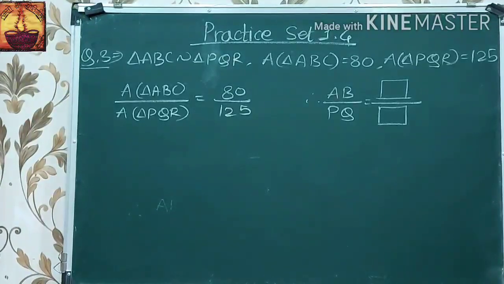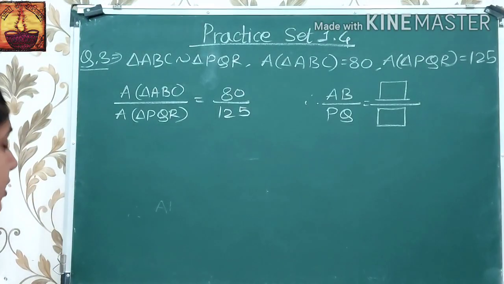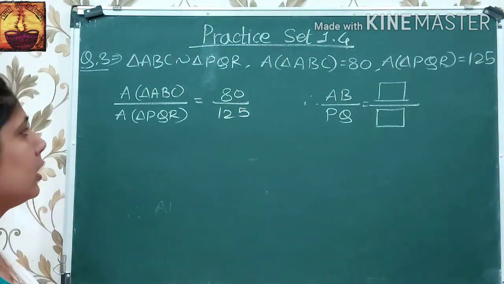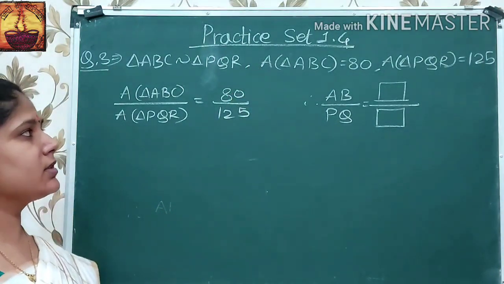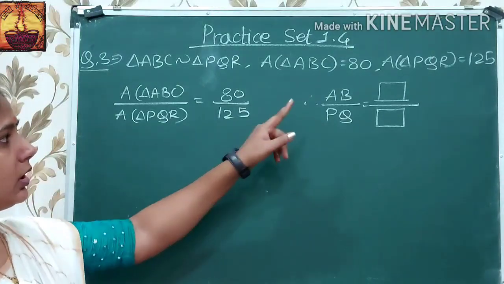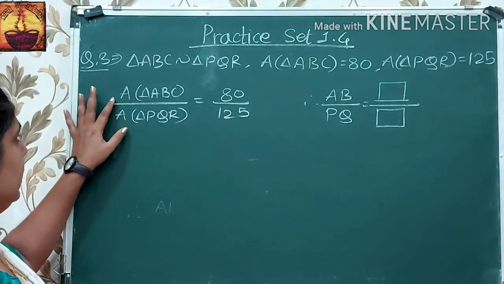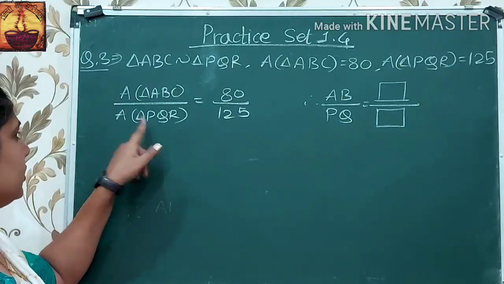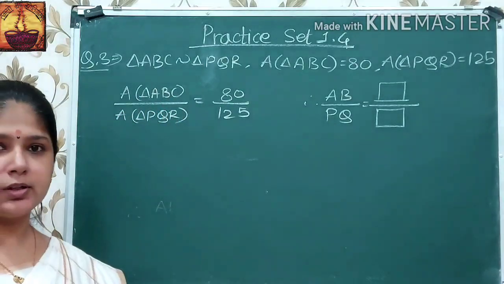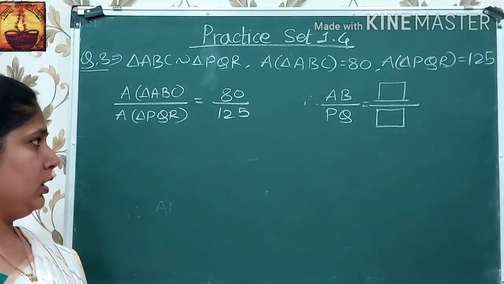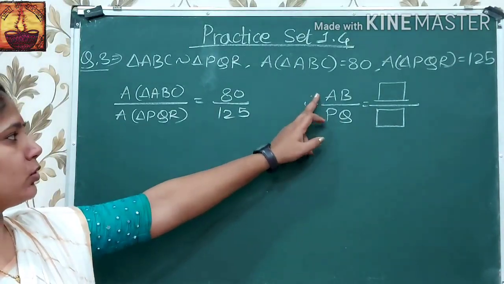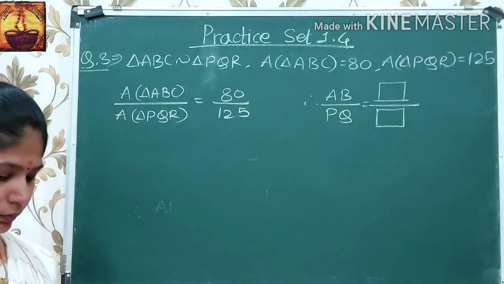Now third question is, if triangle ABC is similar to triangle PQR, area of triangle ABC is equal to 80, area of triangle PQR is equal to 125, and here we have area of triangle ABC upon area of triangle PQR is equal to 80 upon 125. Then we have to find the ratio of AB upon PQ.